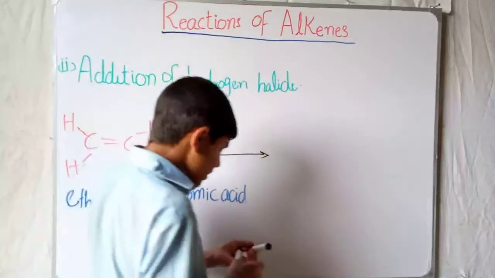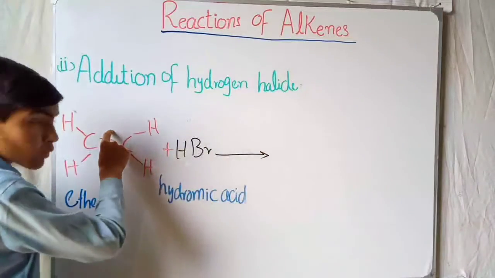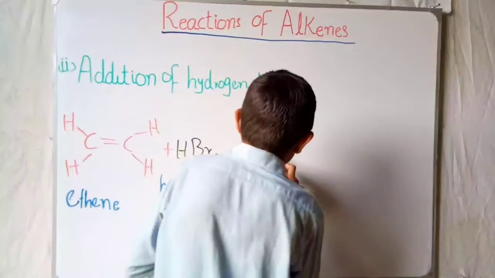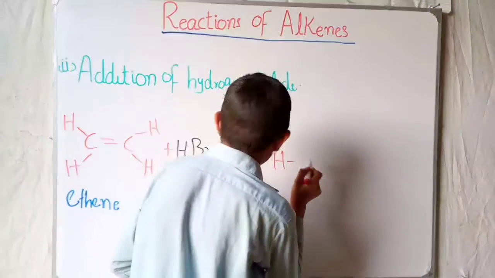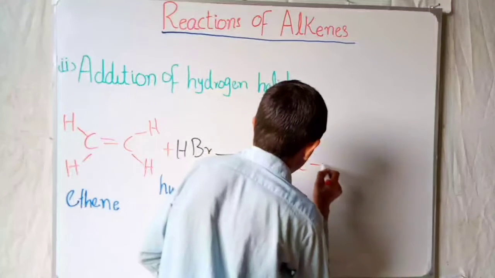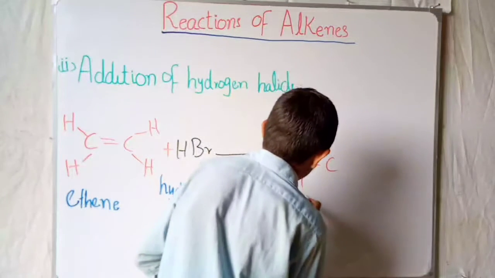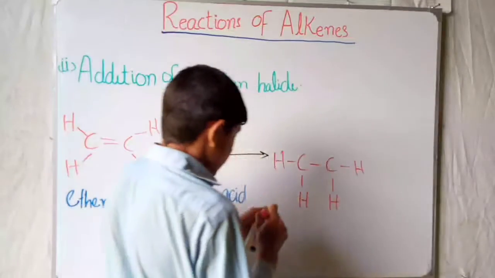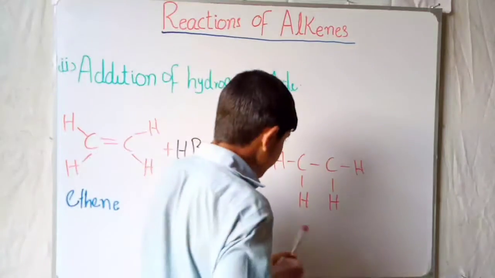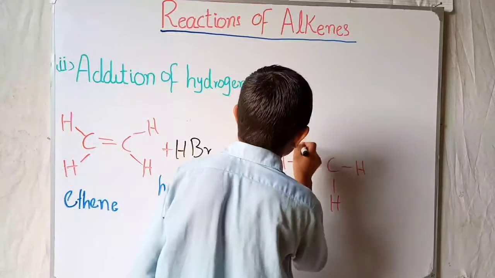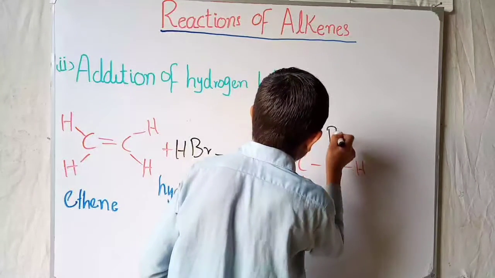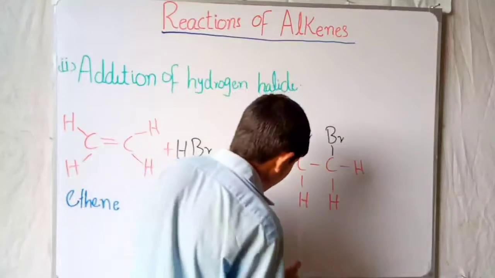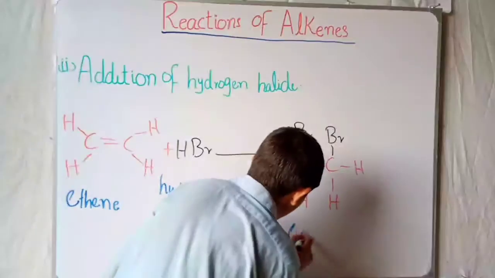And in the product, the double bond is converted into a single bond, and this Br is attached to the carbon. Now it is called ethyl bromide.